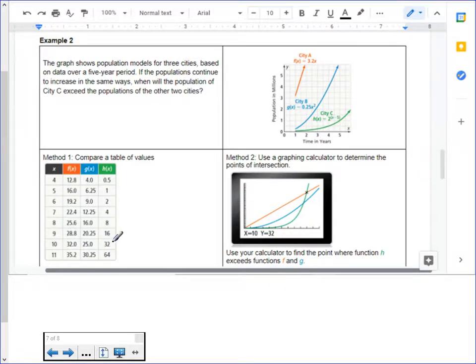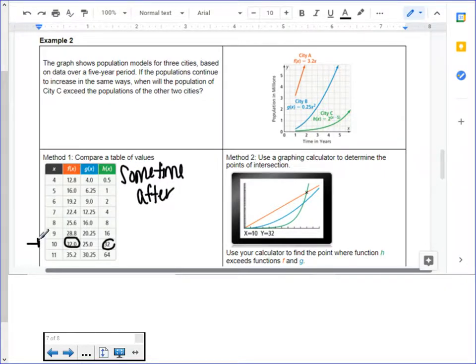So just looking at the table, city C would have 32, and so would city A. After that, city C is going to increase. So sometime after year 10, you can tell that from the table.